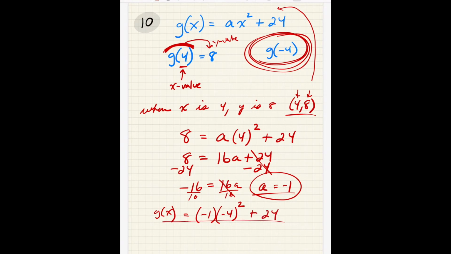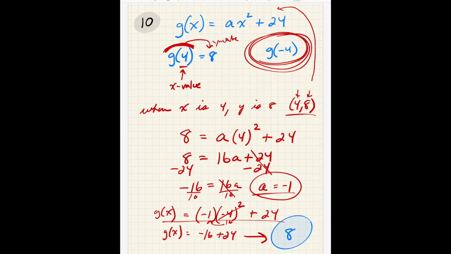I'm going to do some solving here. Negative 4 squared is positive 16. Positive 16 times negative 1 is negative 16. And negative 16 plus 24 is positive 8, which is going to be our answer.